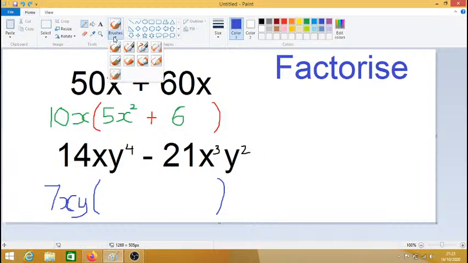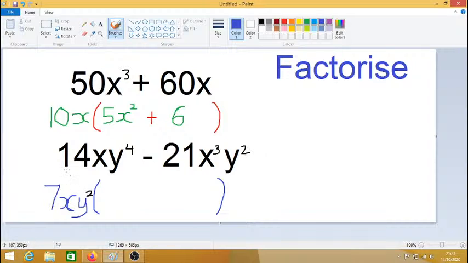Now that y can be increased to y squared. So y squared will allow me to make y to the power 4, and y squared will also allow me to make y squared. So always go for the highest power possible and then carry on with that.